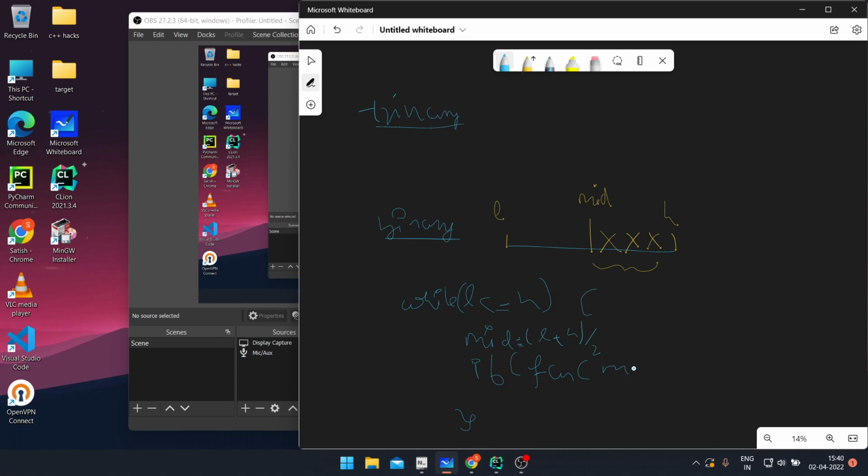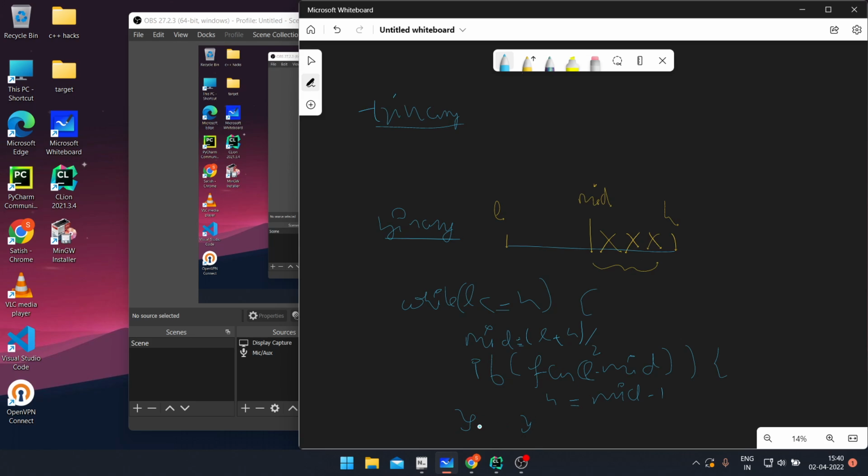So we query mid, and if the answer exists, then we just move the right pointer to the left. Suppose we query L to mid, then we move the right pointer to mid minus 1.